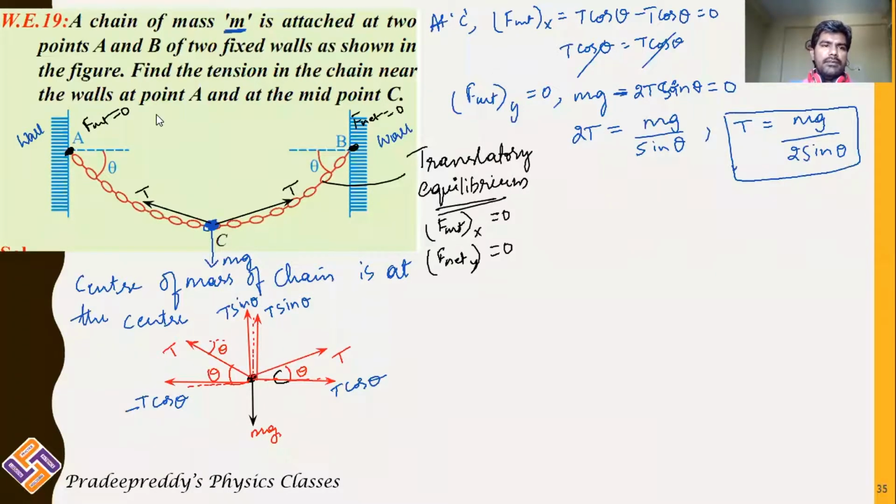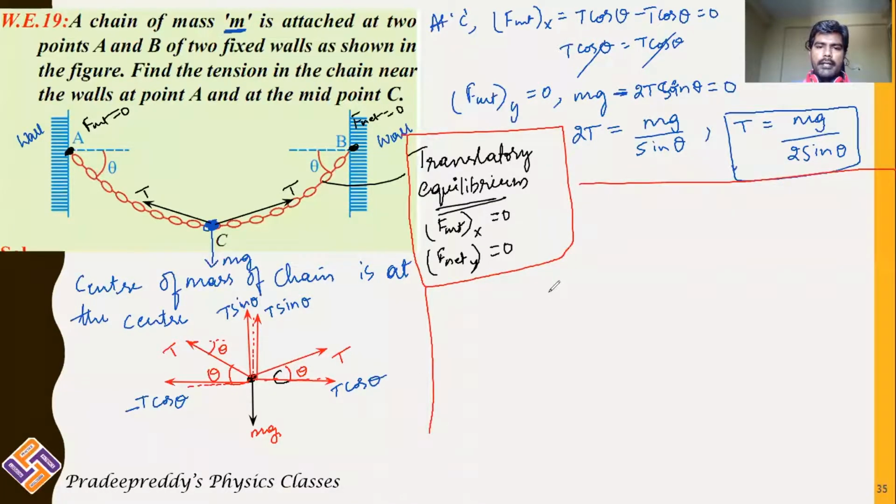You are asked to find tension in the chain near the walls at point A and at the midpoint C. At the midpoint C we have calculated it is mg divided by 2 sin theta. Now come to point A. At point A there is only one force acting, that is tension, in this direction.